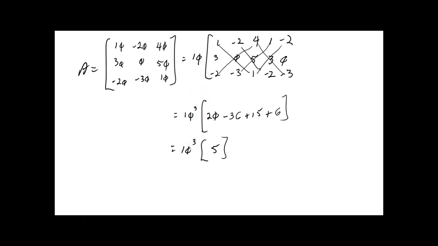Okay, when you're taking the determinant, you multiply it by 10 cubed. So that will be 5,000. Okay, and sure enough, that's what they got in the book too.